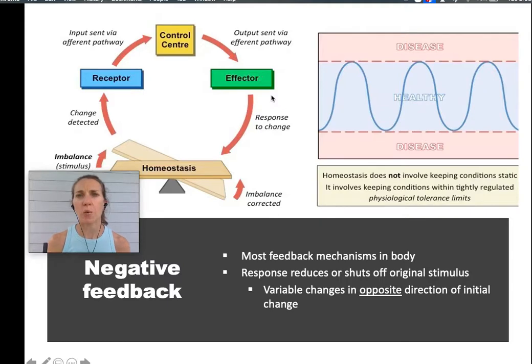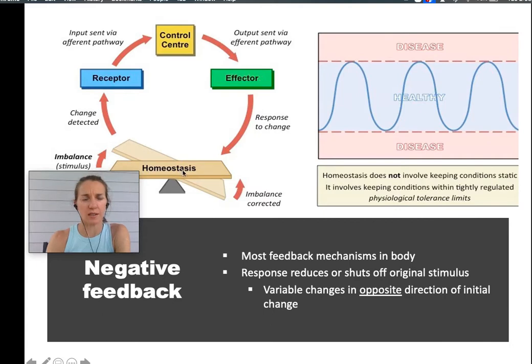So one of the primary ways that we regulate homeostasis in the human body is through negative feedback. So this is a situation where the response to a stimulus reduces or shuts off the original stimulus. So the variable is going to change in the opposite direction of the initial stimulus. I like the phrasing that I used there.